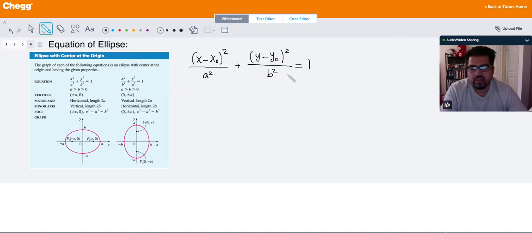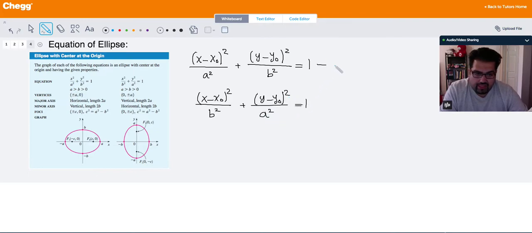That's for the horizontal ellipse, and similarly you can write the same thing for the vertical one, which is (x minus x0) squared over b squared plus (y minus y0) squared over a squared equals 1. So that's the horizontal ellipse, and this is the vertical ellipse.